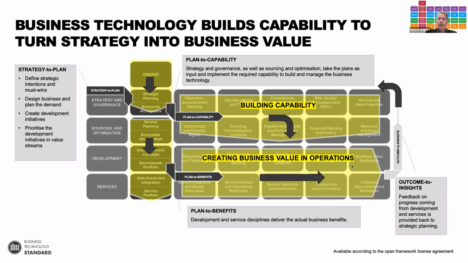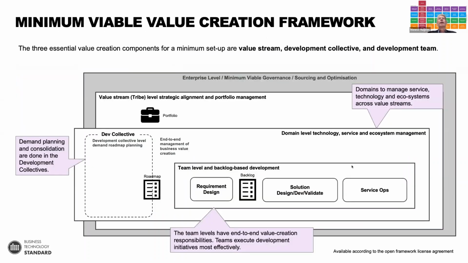One new part we took with the capability part was what we now call the minimum viable creation framework. I like this very much. This is a simple template also to recognize the minimum setup and the minimal components you need to start to run a business technology organization effectively and be aligned with the business strategy. The key components being, of course, the value stream, or if you talk more in SAFe terms, the tribe, where the portfolio is, the key management tool.